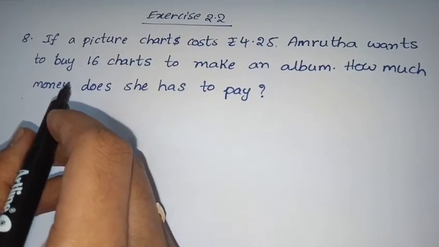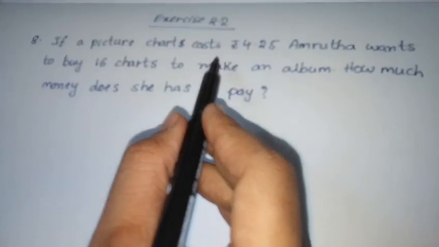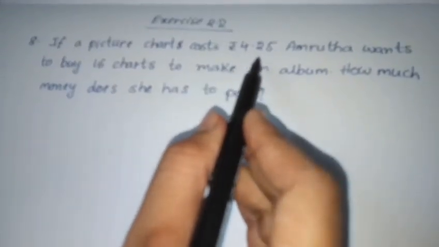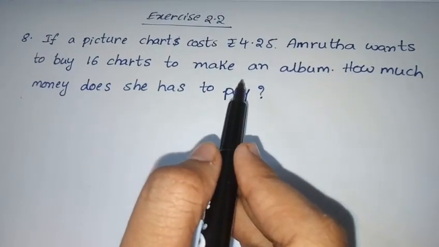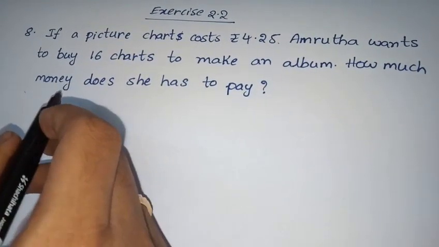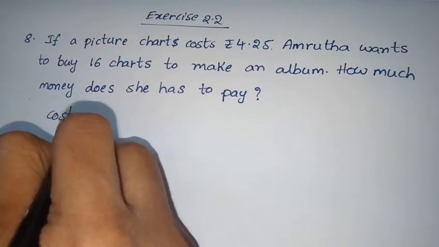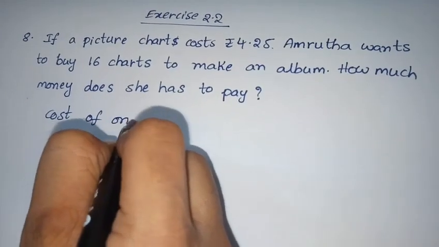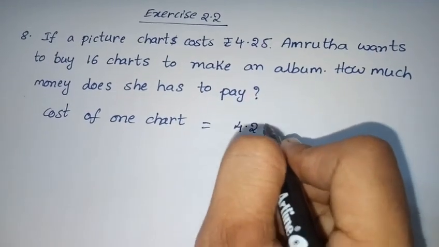Next problem, 8th one in exercise 2.2. If a picture chart costs 4 rupees 25 paise, Amruta wants to buy 16 charts to make an album. How much money does she have to pay? In the problem given, cost of one chart is equal to 4 rupees 25 paise.